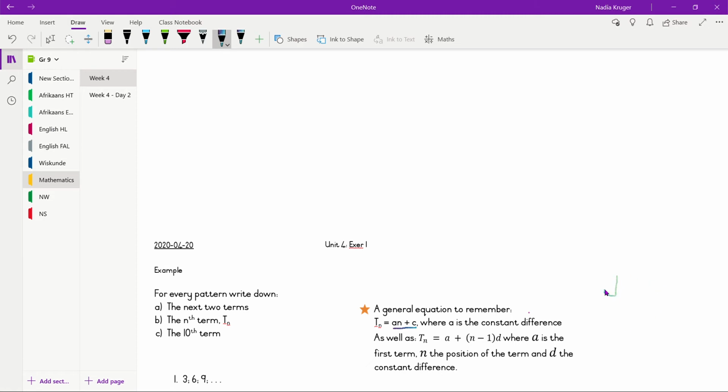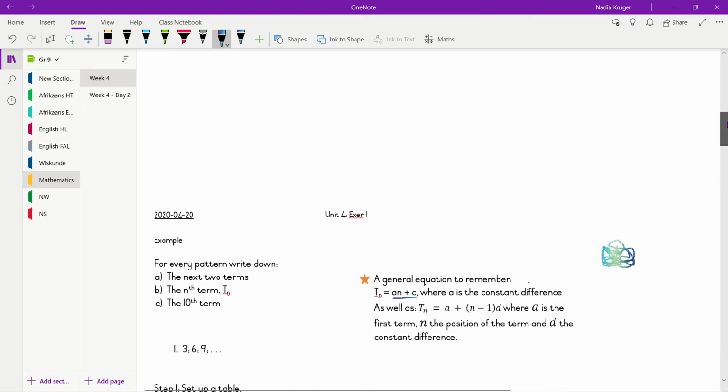What do you use this for? You use this to determine the formula of any pattern. Depending on what the pattern looks like, that is going to determine how you are going to do it. Then let's look at the first pattern.